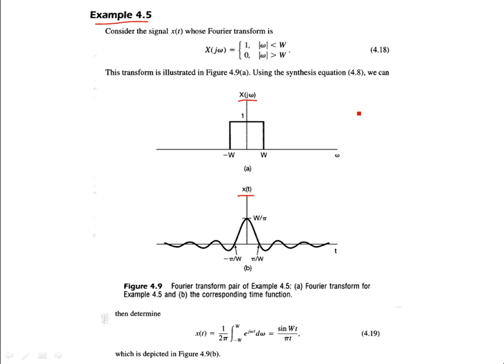What the duality property says, and we'll talk more about this in upcoming sections, is that if x(t) is such that it satisfies the Dirichlet conditions, so that X(j omega) exists, then it has to be unique. So you can take the inverse Fourier transform and find x(t).